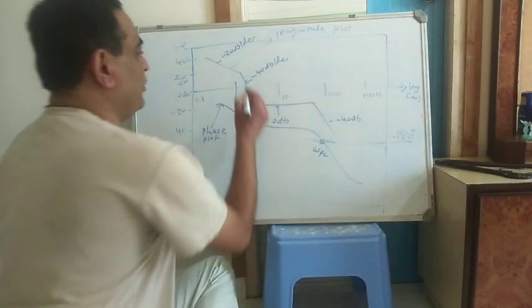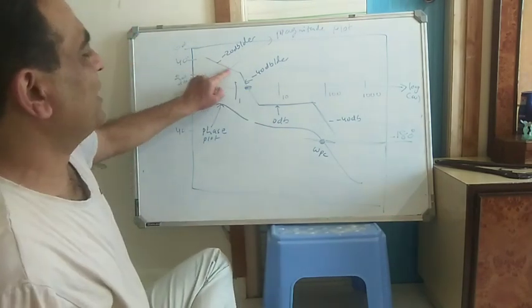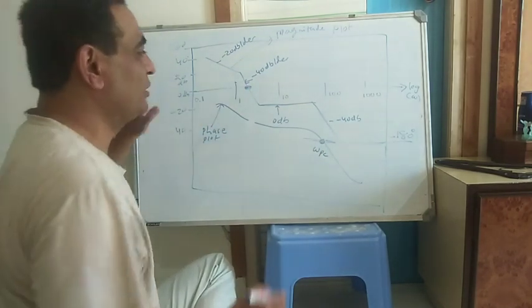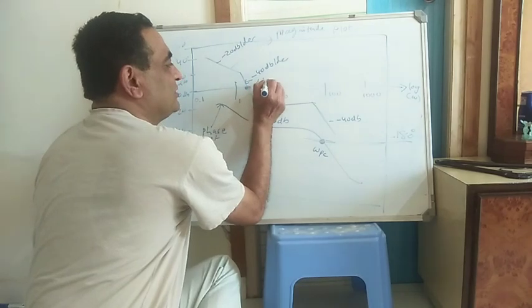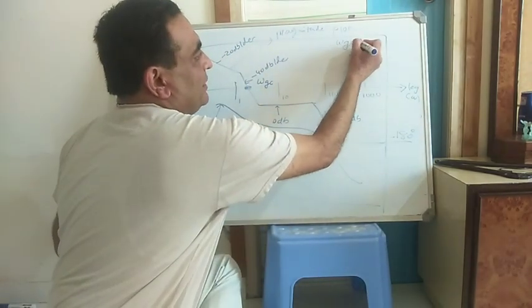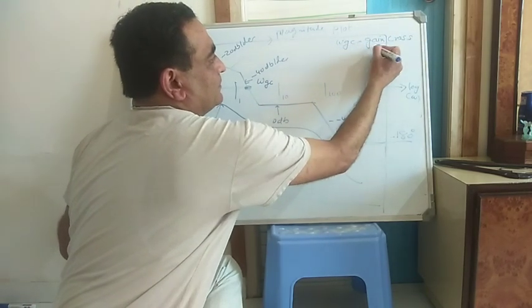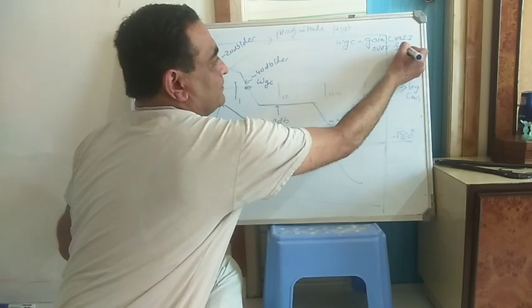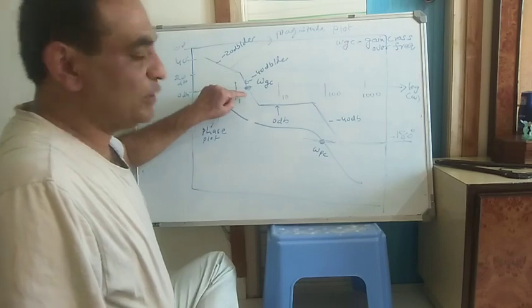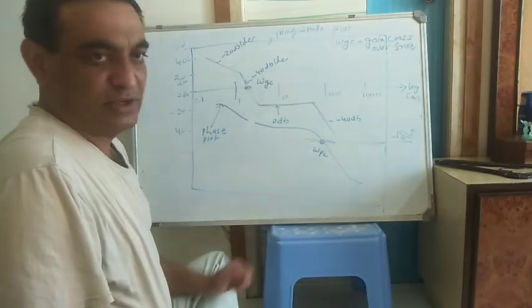Now, note down this point. This is the magnitude plot crossing the 0 dB axis. This is known as gain crossover frequency, that is omega GC. So gain crossover frequency is the frequency where the magnitude plot crosses the 0 dB axis.